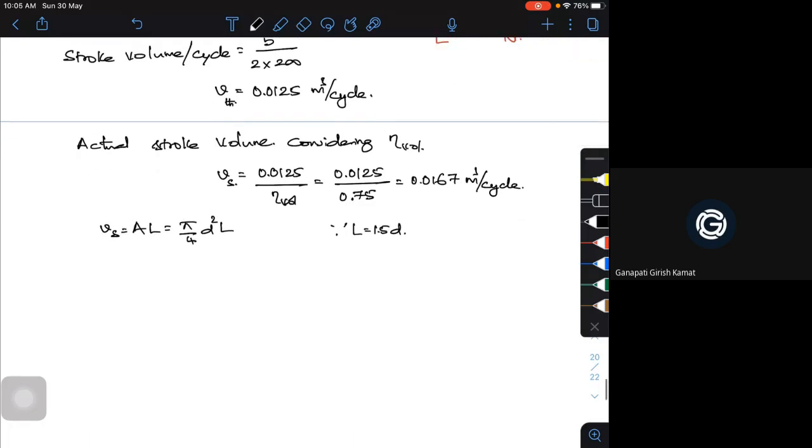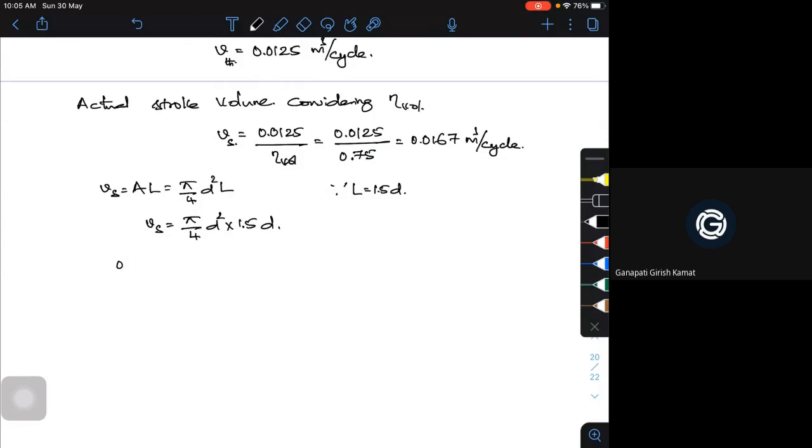So I am going to substitute: stroke volume 0.0167 is equal to pi by 4 into d square into 1.5 times d. d square into d is d cube, into 1.5.